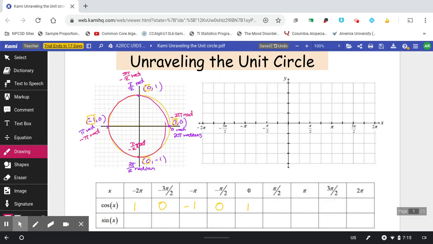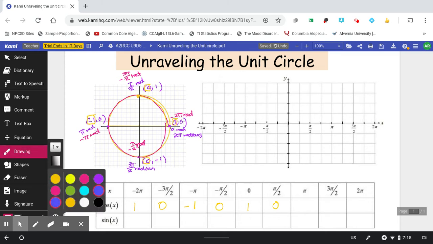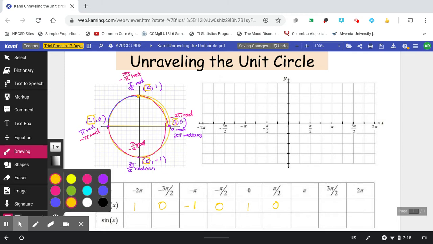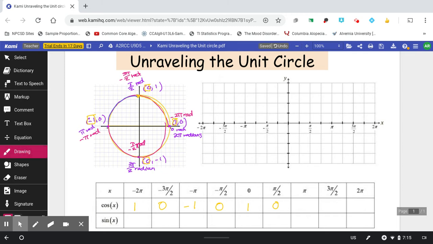And then at pi over 2, up at the top, I'm at 0. And then I keep on going around in my circle, and now I'm back here. And I am at -1. And then down at the bottom, I'm at 0. And at 2 pi, I'm back at 1.